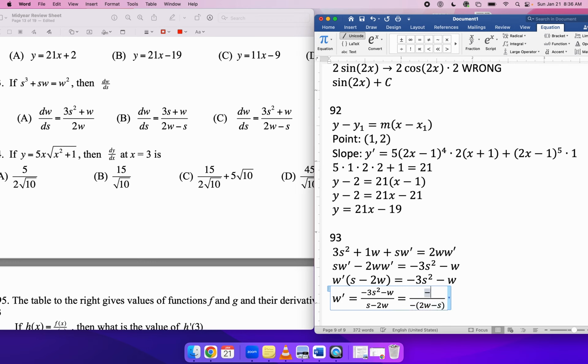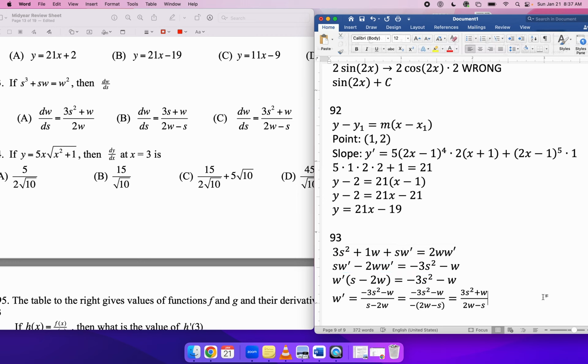And that minus sign will actually just kill the minus signs in the numerator. So 2w minus s, 3s squared plus w. So I would expect that to be one of the answers. Yeah, it looks like it is. This weird simplification with the minus sign doesn't happen if you choose to move your primed terms over to the right instead of the left like I did, but whatever.